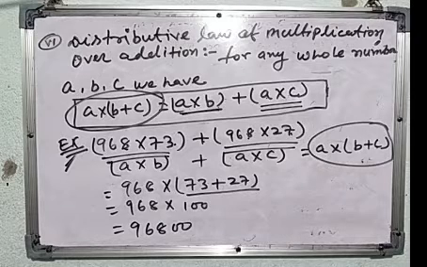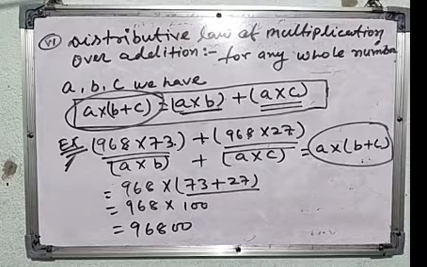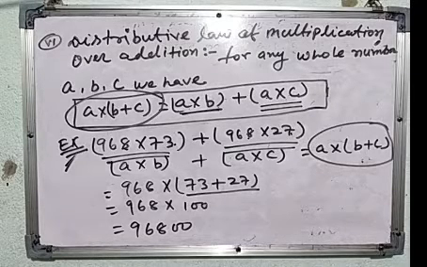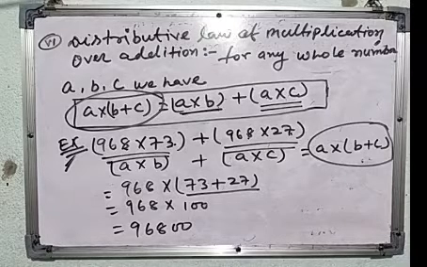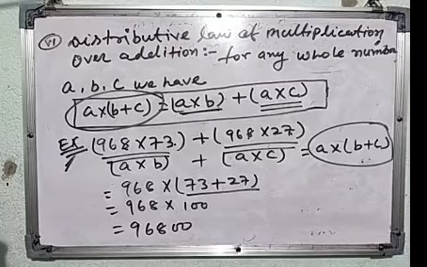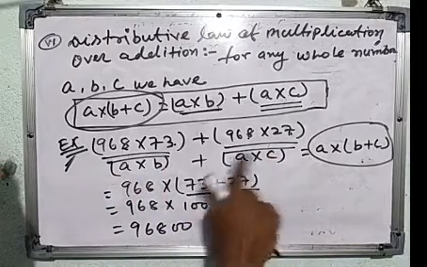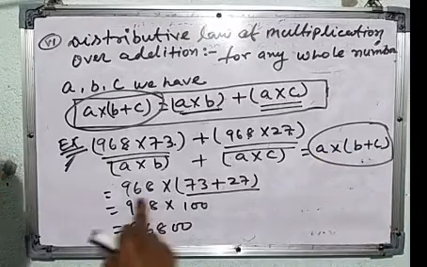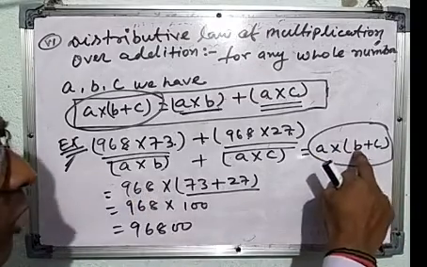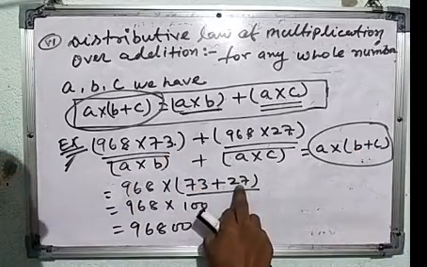If you have three whole numbers A, B and C, then you write A into B plus C in bracket equal to A into B plus A into C. In the given example, you have A into B and A into C. So you write A into B plus C. First you write the value of A 968, again write value of B 73 and take value of C 27.